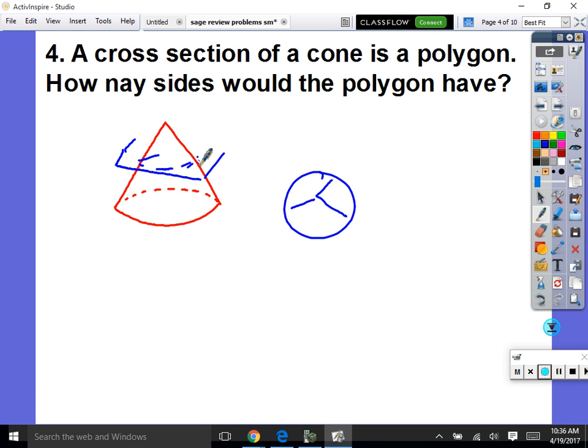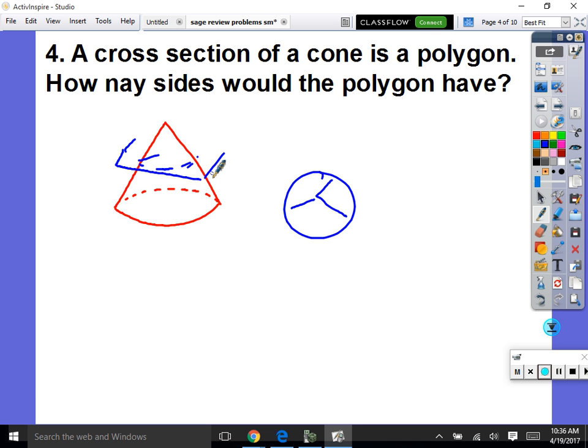Does that make sense, everybody? If I sliced it there, anywhere, isn't it going to be a circle? This is going to be a smaller circle, right? Up here, but a little bit larger of a circle, just depending on where it was sliced.